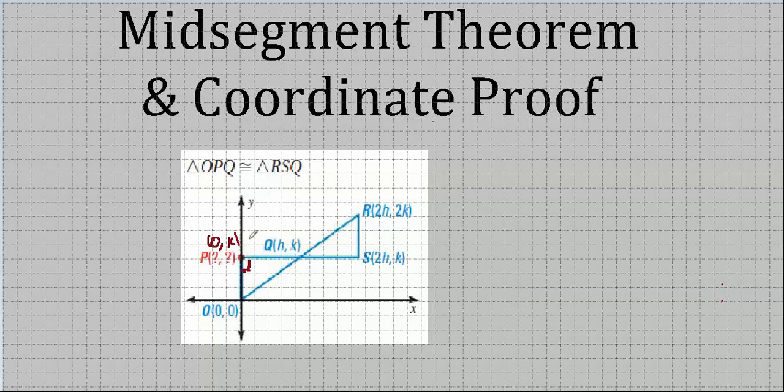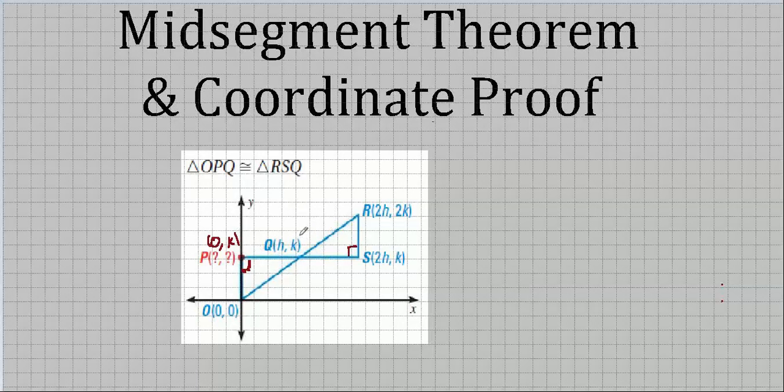Why? Well, now that we know this angle is the same as this angle here, if we could show this leg was congruent to this leg, and this leg was congruent to this leg, we'd be done. That looks kind of easy. This, well, let's see here. Our y coordinate is the same, so k minus k is 0.